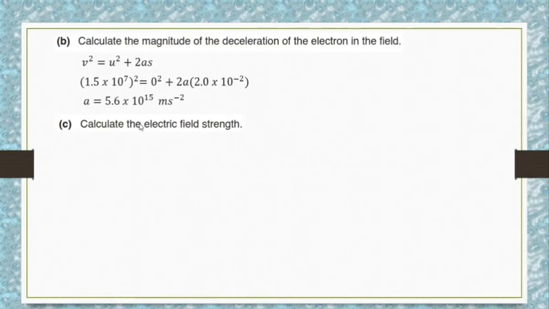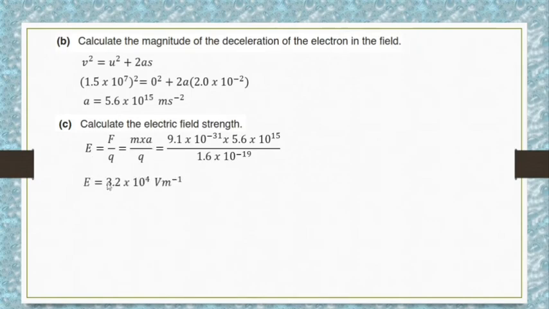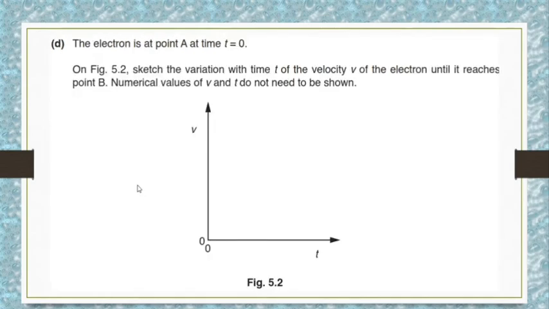Calculate the electric field strength. The equation for electric field strength, or the definition, is force per unit charge. And the force itself is mass times acceleration or deceleration. So you can calculate E to be 3.2 times 10 to the 4 volts per meter. Because this is negative and the Q is also negative, then E will be positive here. And then the electron is at point A at time 0.